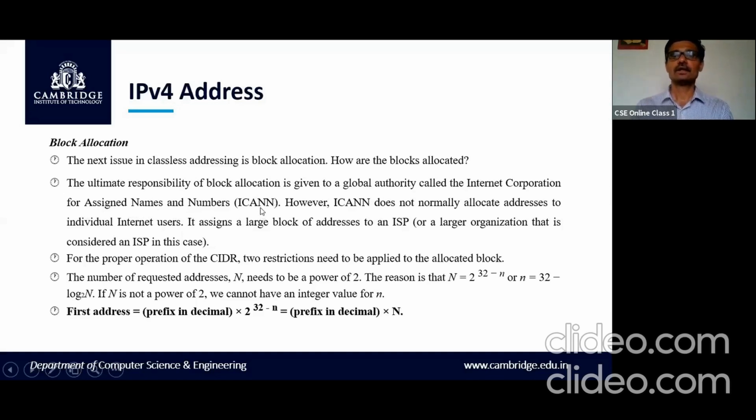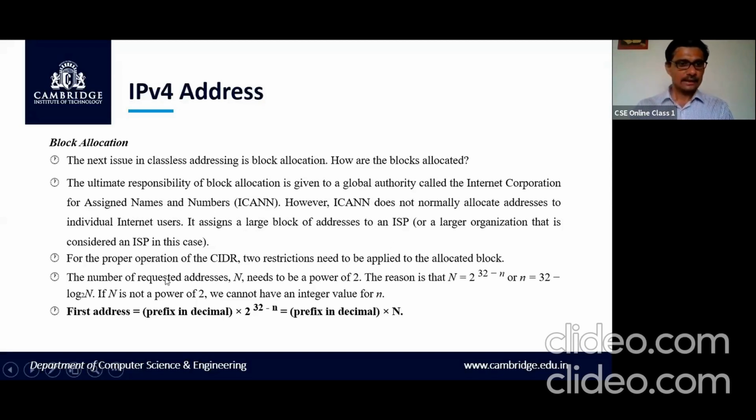ICANN does not normally allot to individual internet users. It assigns a large block of addresses to an ISP. Internet service providers like Jio, Airtel, or ACT are all called internet service providers. This ICANN is an international body. It will allocate addresses to the internet service provider.